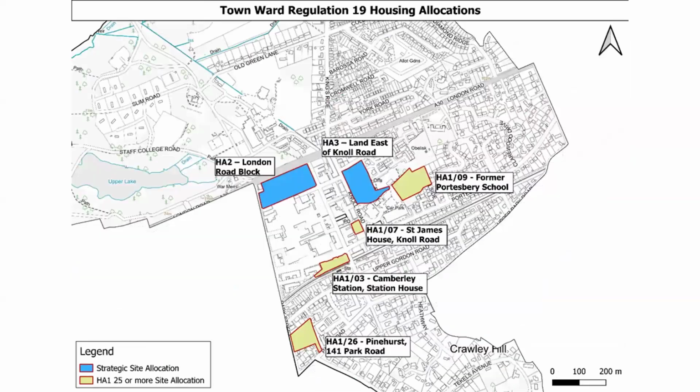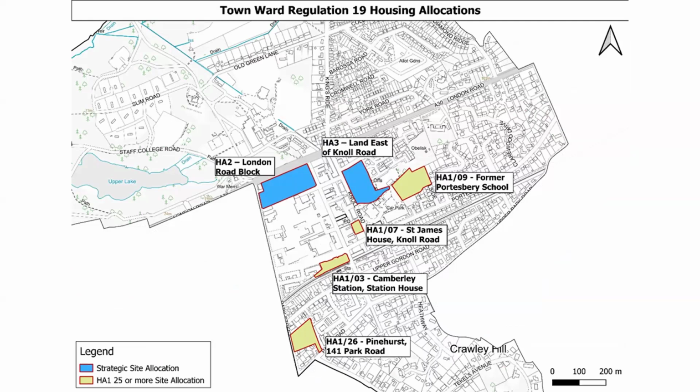Moving on to the town ward, there are two strategic site allocations in Camberley Town Centre. That's namely policy HA2 London Road Block, which is allocated for 550 units, as well as policy HA3 Land Eastern Knoll Road, which is allocated for 340 units.